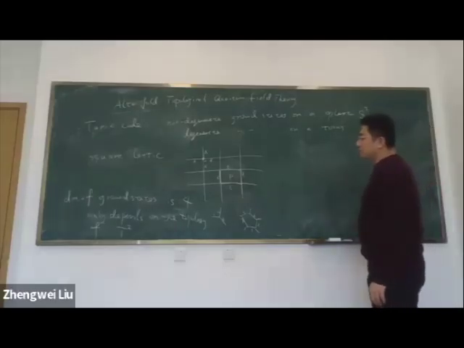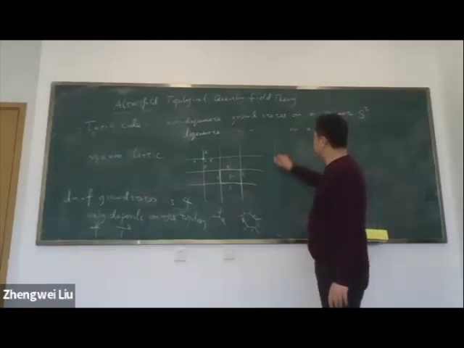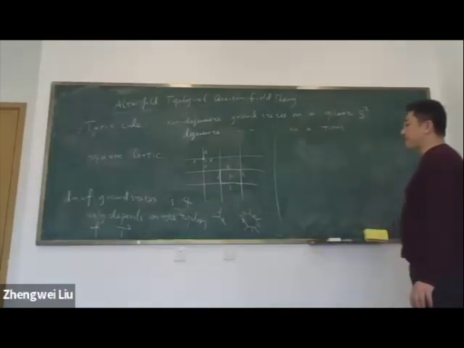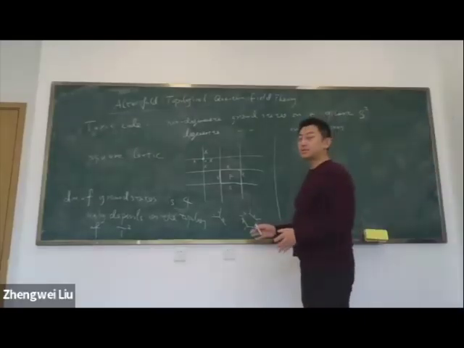And this has several interesting features. Like the ground state space only depends on the torus, and from the sphere to the torus, it really goes beyond any local symmetry.